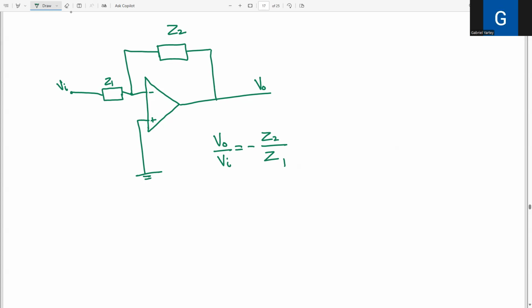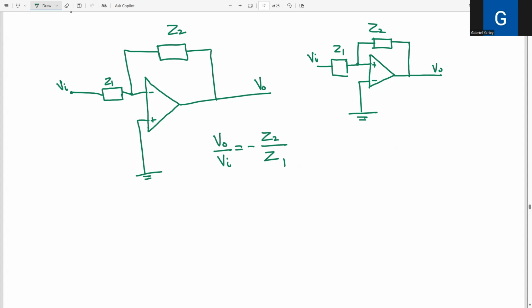That's the transfer function. And for a non-inverting op-amp, the input voltage is being applied to the positive side of it, Z1, VI, and then this one is being grounded, and you have Z2, and then the output.